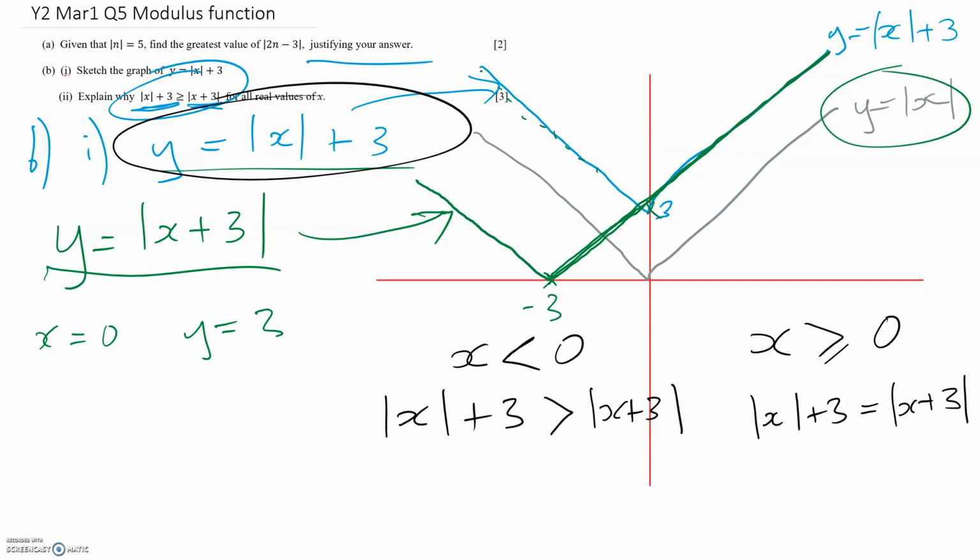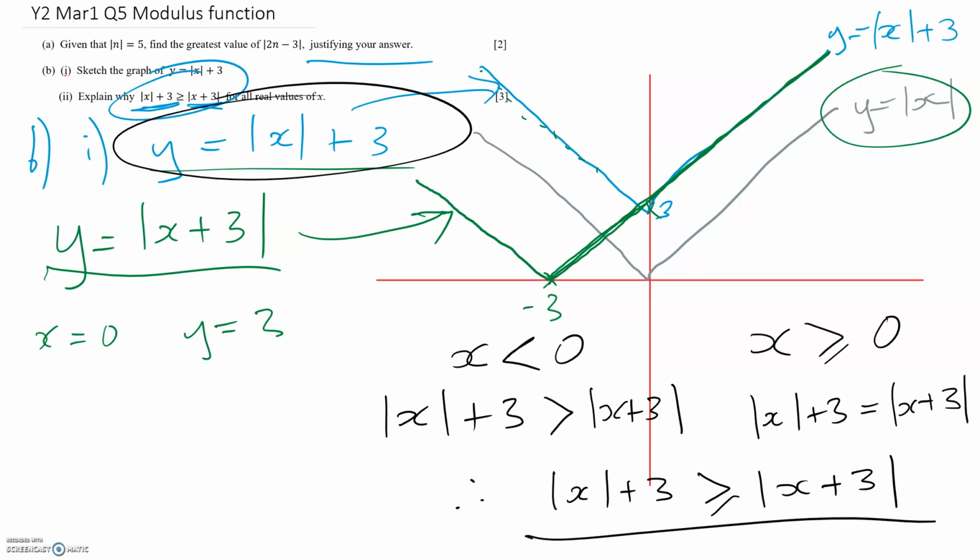And so therefore we can conclude that modulus of x plus 3 is always either greater than or equal to modulus of x plus 3. So in terms of explanation, getting the sketches right on the graph is the most important thing here. And I think we've done enough from our graphs to explain why this would be true.